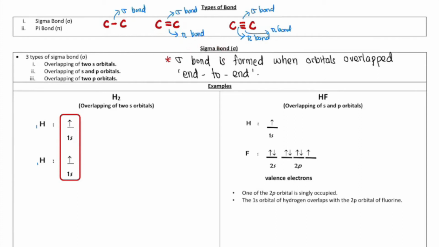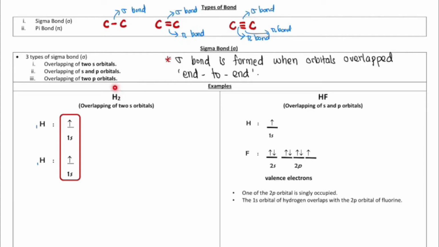Okay, so ada tiga cara untuk hasilkan sigma bond. And another important thing yang saya lupa nak tulis dekat sini adalah sigma bond is formed when orbital overlap end to end. Okay, so overlapping of orbital yang menghasilkan sigma bond ni adalah dari hujung ke hujung. Okay, pi bond nanti kita akan jumpa istilah dia.